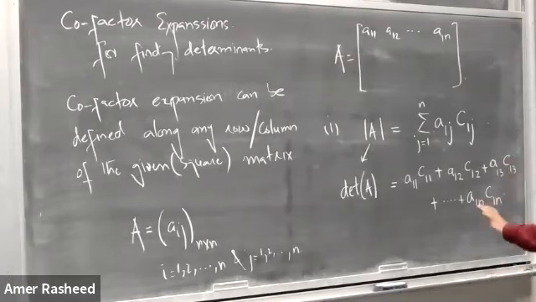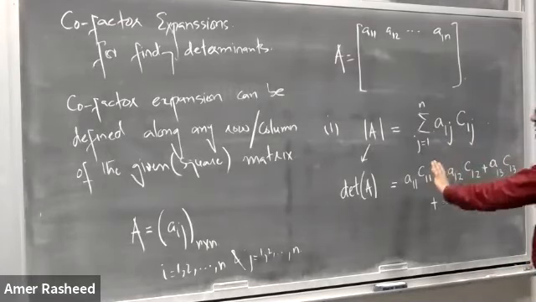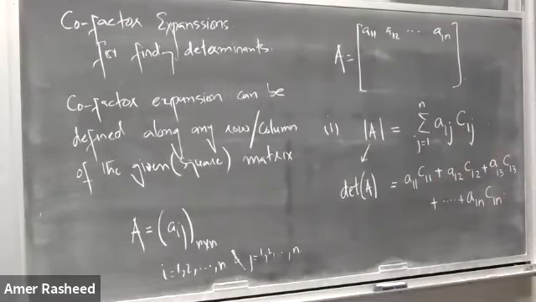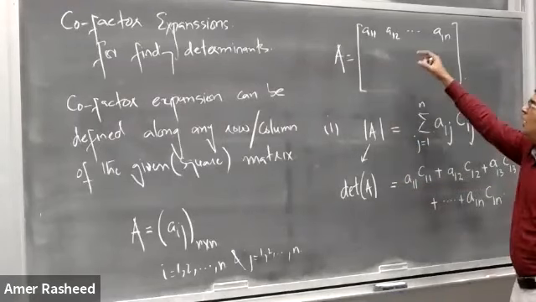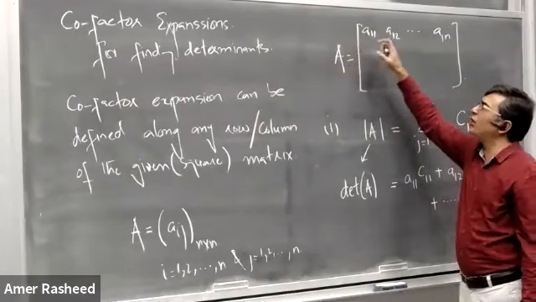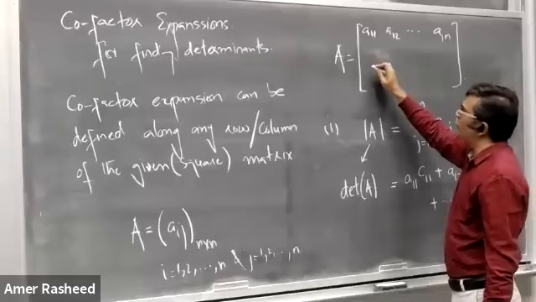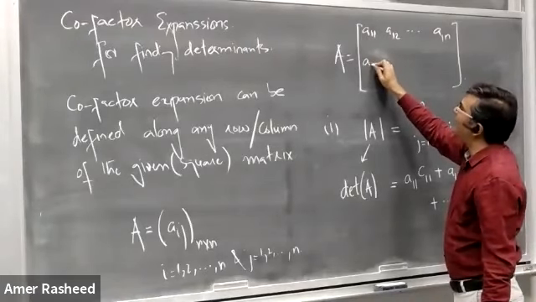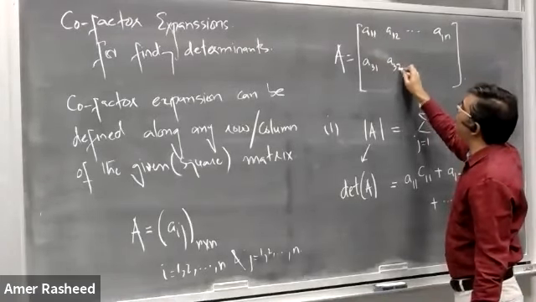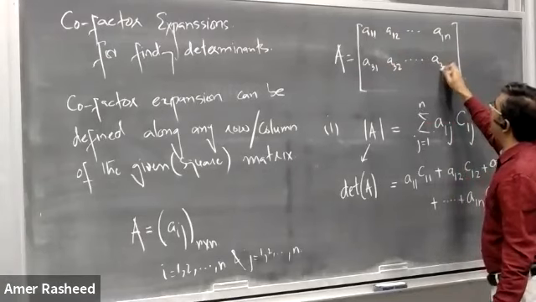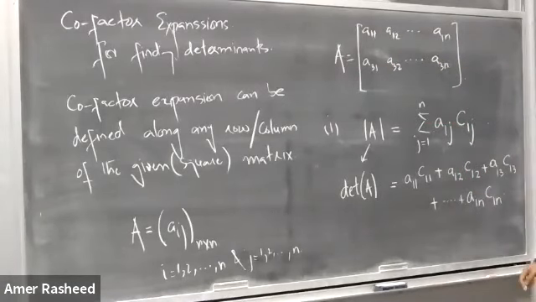Similarly, we can define cofactor expansion along any row. For example, if you want to find the determinant along maybe the third row, the third row would be A31, A32, and so on, A3n. Now, what does change here?